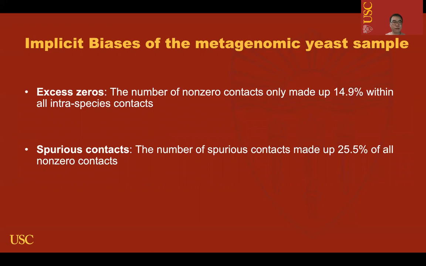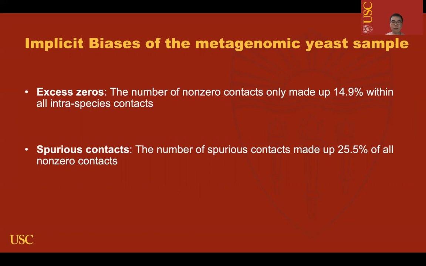As for the implicit biases, one remarkable phenomenon for intraspecies contacts was the presence of excess zeros, which means zero contacts account for a large proportion within intraspecies contacts. Specifically, the number of valid contacts only made up 14.9% within all intraspecies contacts.